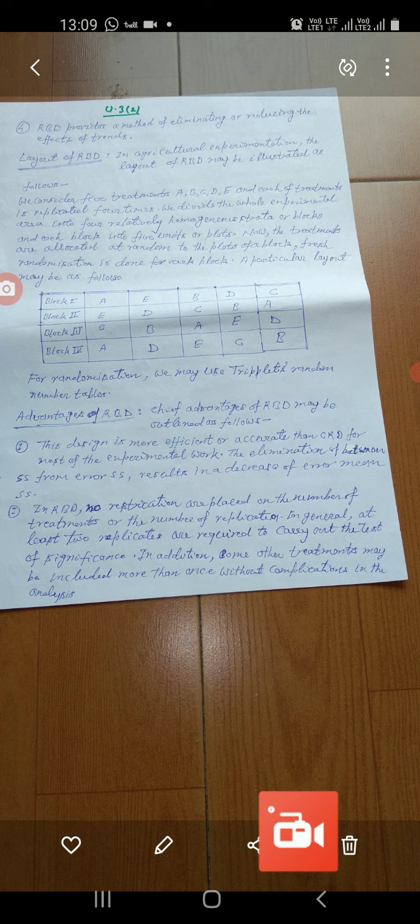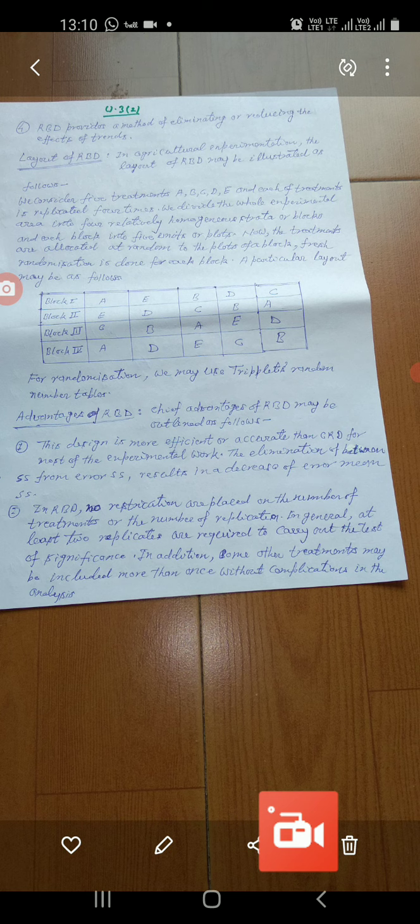Then in such a case, we divide the whole experimental area into 4 relatively homogeneous strata or blocks, since the number of replications is equal to the number of blocks or subgroups.